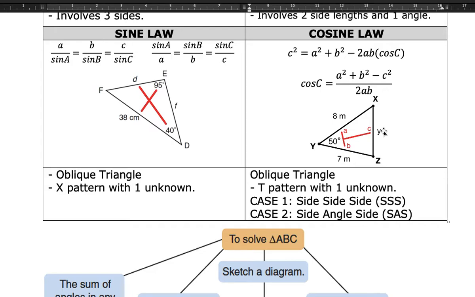A second case is where if this is known and this is unknown, that would mean that we'd have a length, and another length. So three sides are known, we can determine any angle. However, we would have to reorient this T pattern so that it applies to this formula. And we would use angles if we had three sides.